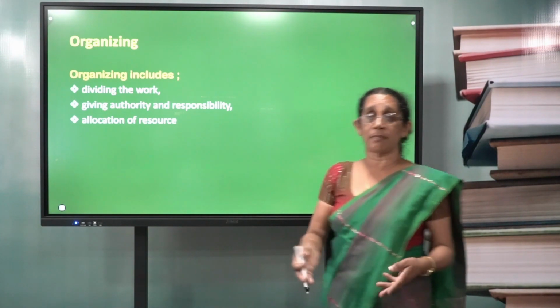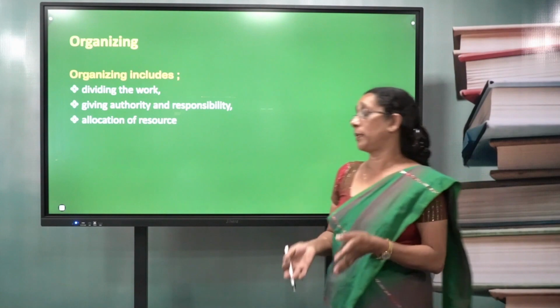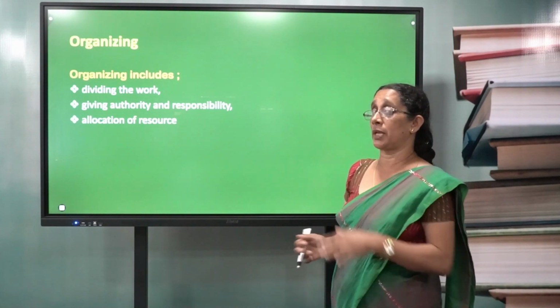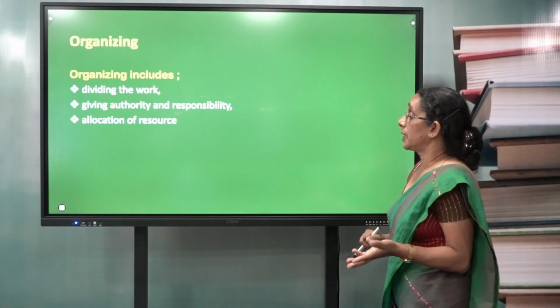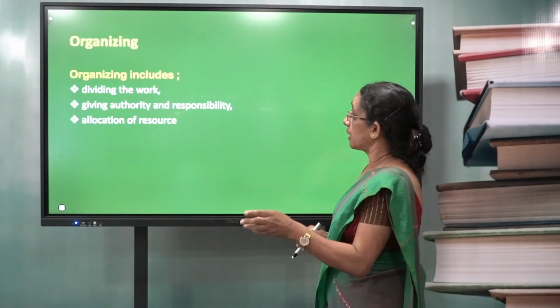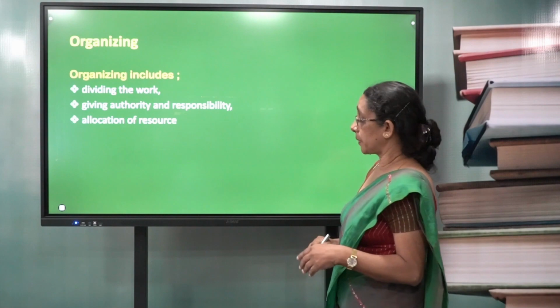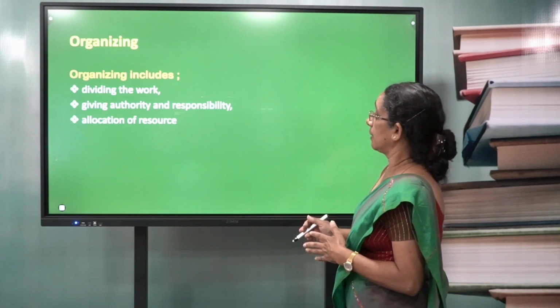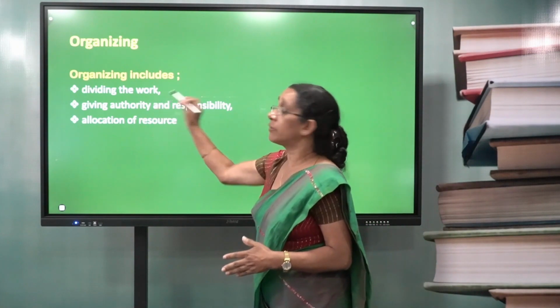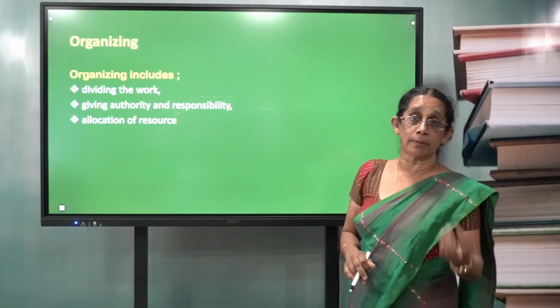Now we will take the same business as an example, the shoe manufacturing business. We told that their aim is to earn profits. And they are going to do that, first deciding distribution processes, setting prices, like that. Then organizing. For that, they have to divide the work among employees. They have to appoint managers.